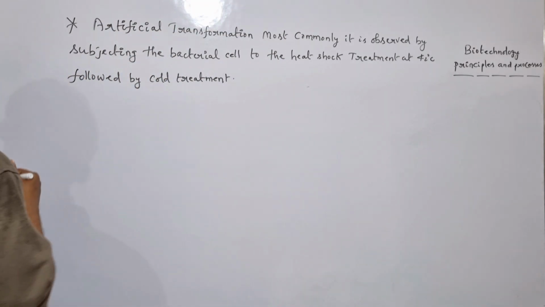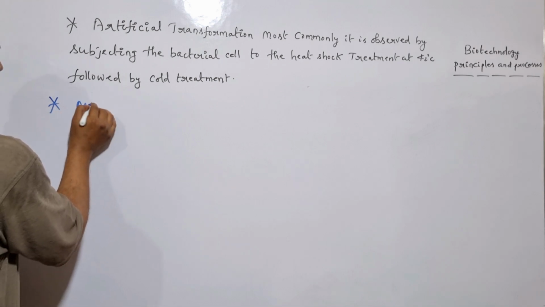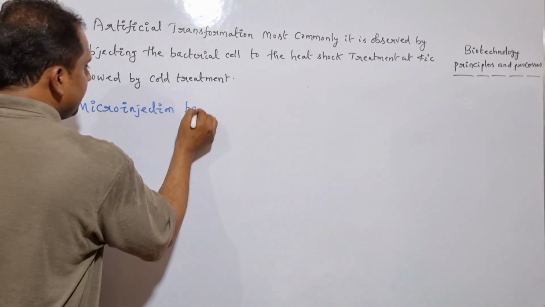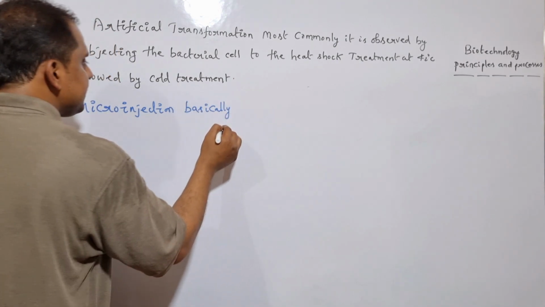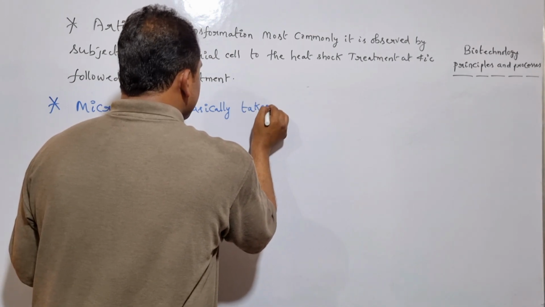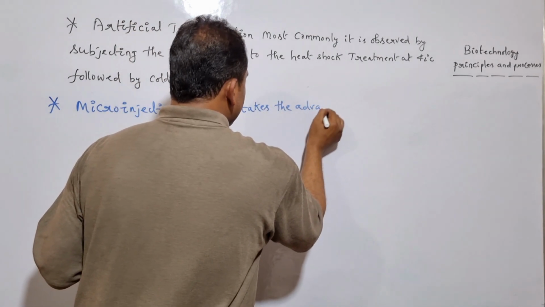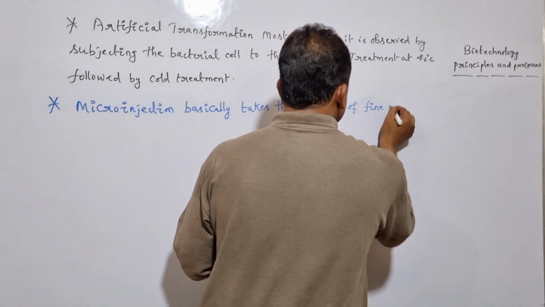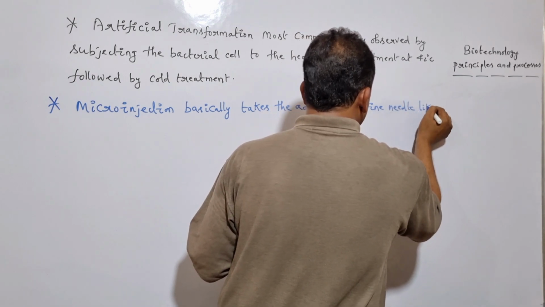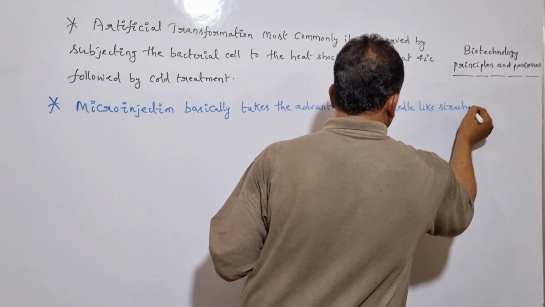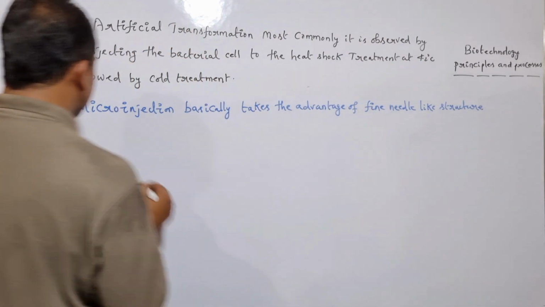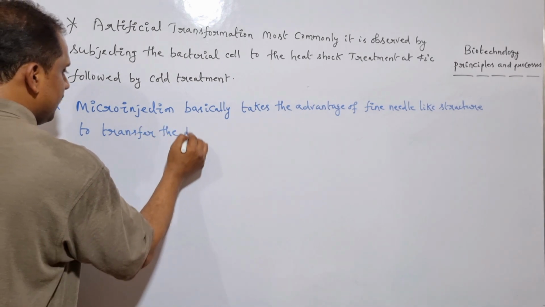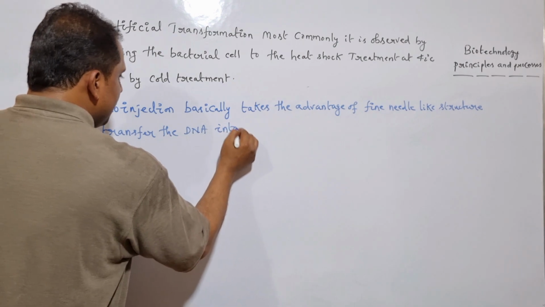Micro injection. So let me write it here. Micro injection basically takes the advantage of fine needle-like structure to transfer the DNA into the nucleus of an animal cell.